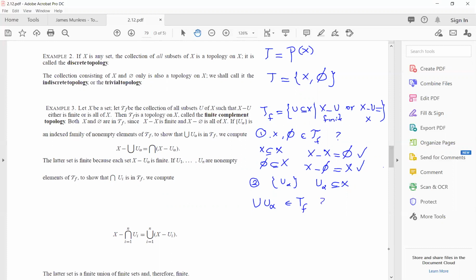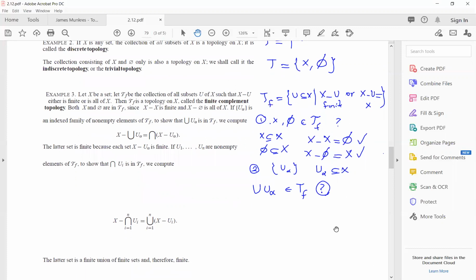This is our goal, so let us put a question mark here. Very well. We know that if this union is a member of this collection, this union must satisfy either the complement finite or the complement is equal to X itself. Very well.